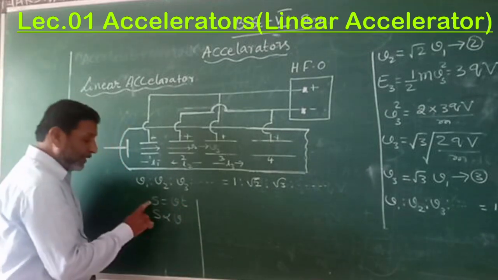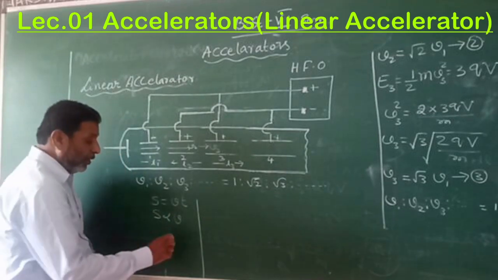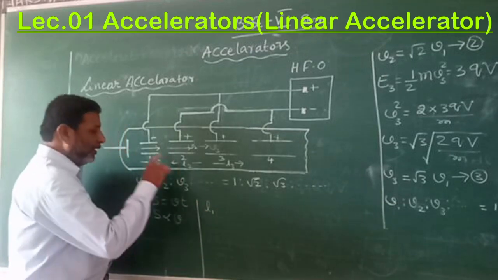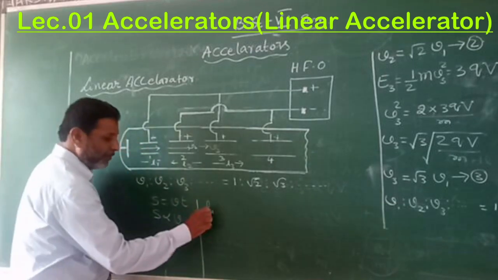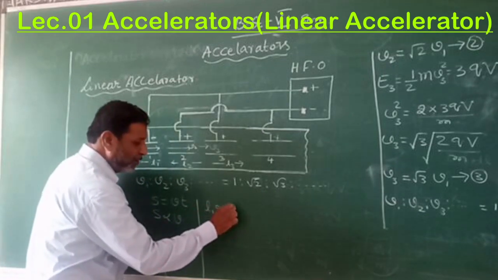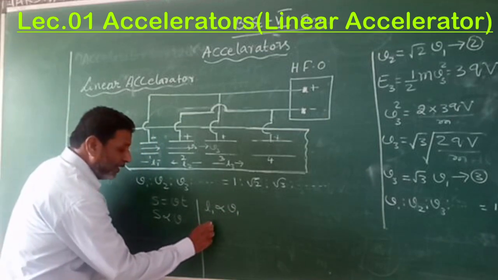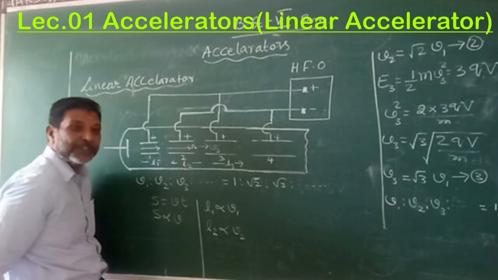Distance is nothing but we take it here as length. Now, L1 is the distance travelled with the velocity V1. Therefore, L1 is directly proportional to V1. Then next, L2 is proportional to V2.